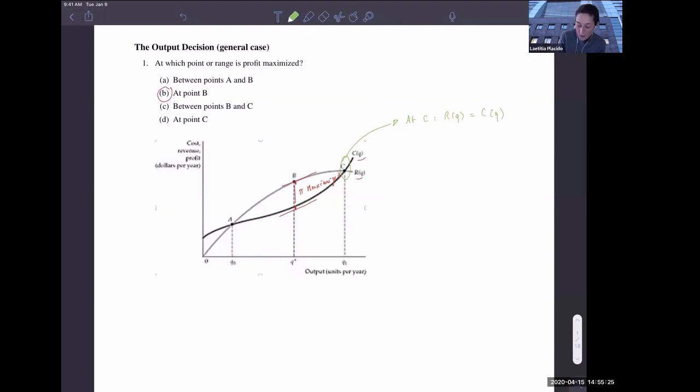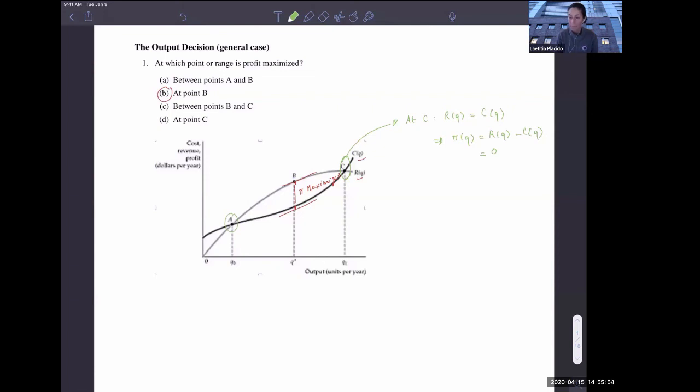So what does it mean? It means that the profit, which is total revenue minus total cost, is 0. So when the two curves cross each other, you reach a 0 profit. It occurs in point C here, and it occurs in point A here as well.